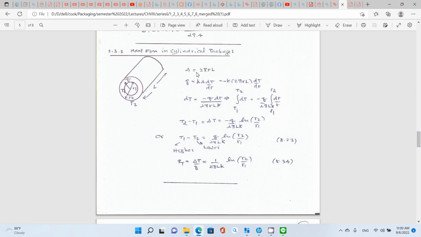That gives you the cross-section area. You work this out and do integration. You integrate temperature from T1 to T2, and the radius from R1 to R2. And finally, you get delta T, or T2 minus T1, becomes negative, ln of R2 over R1 divided by 2 pi Lk. You have a negative sign because T1 is higher than T2, because this is the inner side of the system, right?